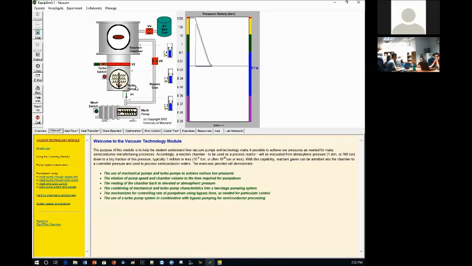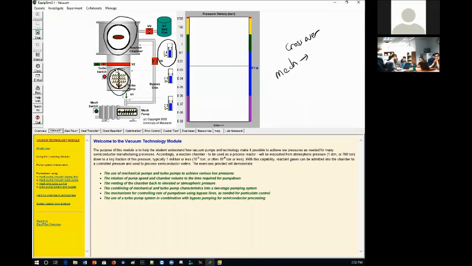What did I do? I opened this valve, and now both the turbo and the chamber are below the crossover pressure. Crossover pressure was what?